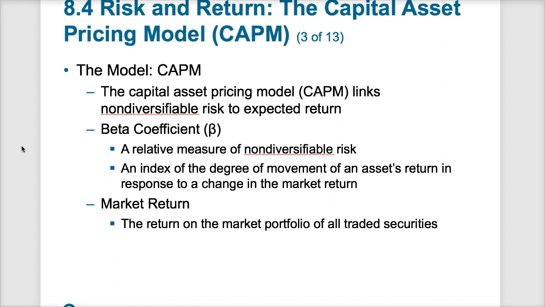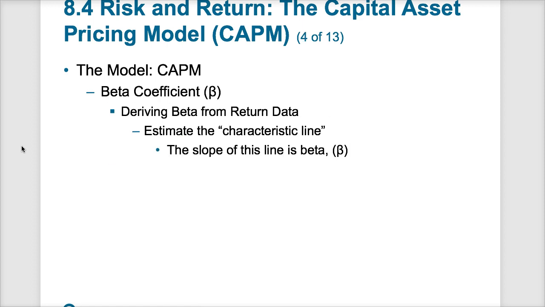But it's going to be an index where we're going to measure the movement of one asset to the market, and that's what beta coefficient does. And then, of course, the market return is going to be the return of the portfolio for all the securities traded.